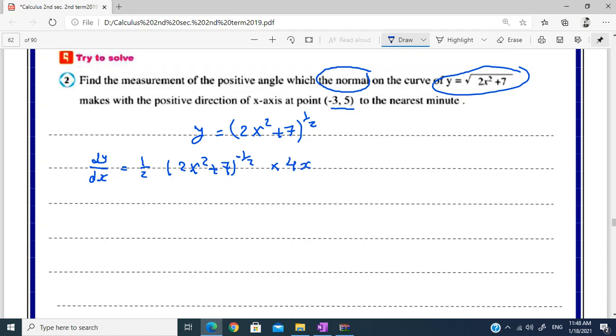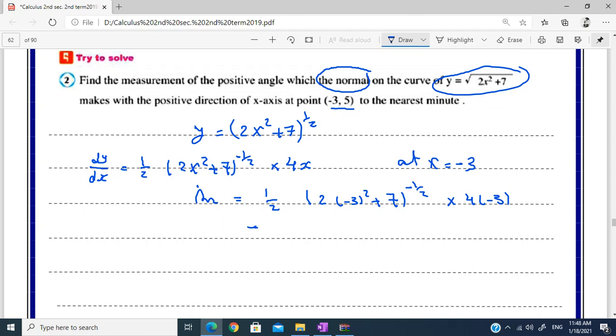By substitution at x equals negative 3, the slope of the tangent, m, will be 1 over 2 times 2 times negative 3 power 2 plus 7, all power negative 1 over 2, times 4 times negative 3.